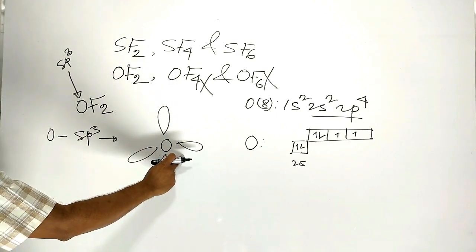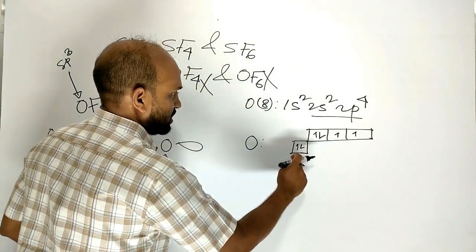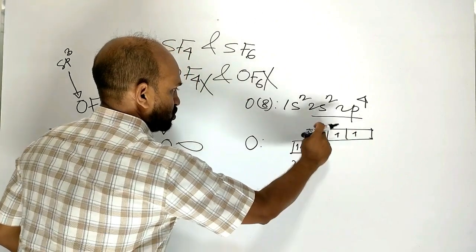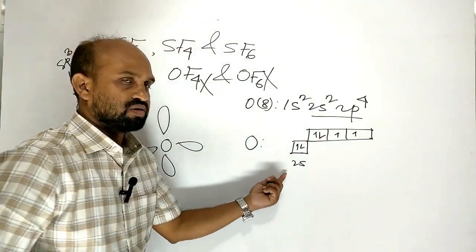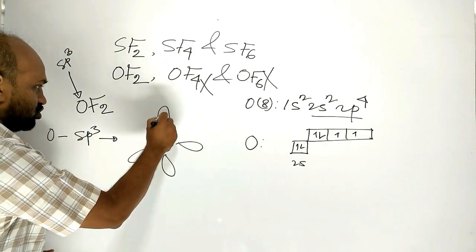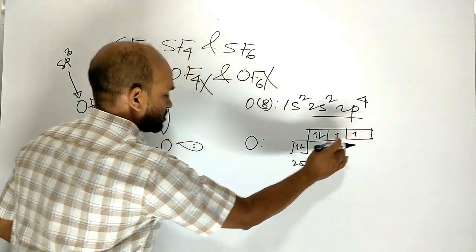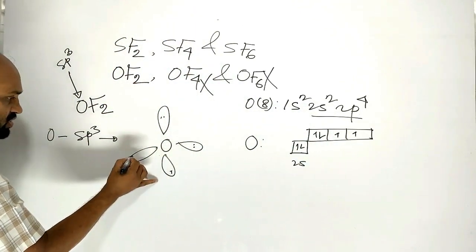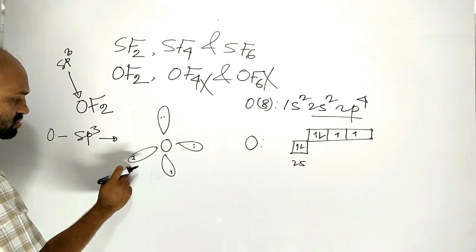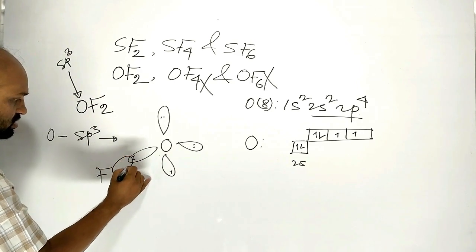Total 4 orbitals, 1s and 3p orbitals. 2 orbitals contain 1 pair of electrons each, and 2 orbitals contain unpaired electrons. These unpaired electrons make bonds with fluorine in this way.